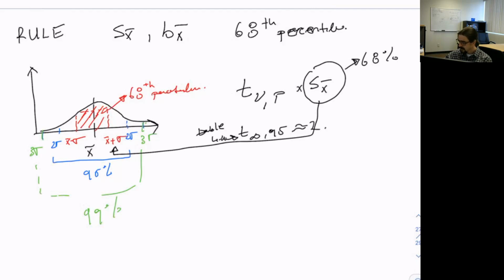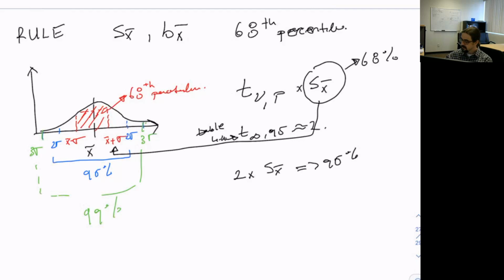So to get the error at the 95 percentile, we multiply 2 times Sx bar, because we adjusted with the t-value and then multiplied by 2 to represent the 95% of the population.